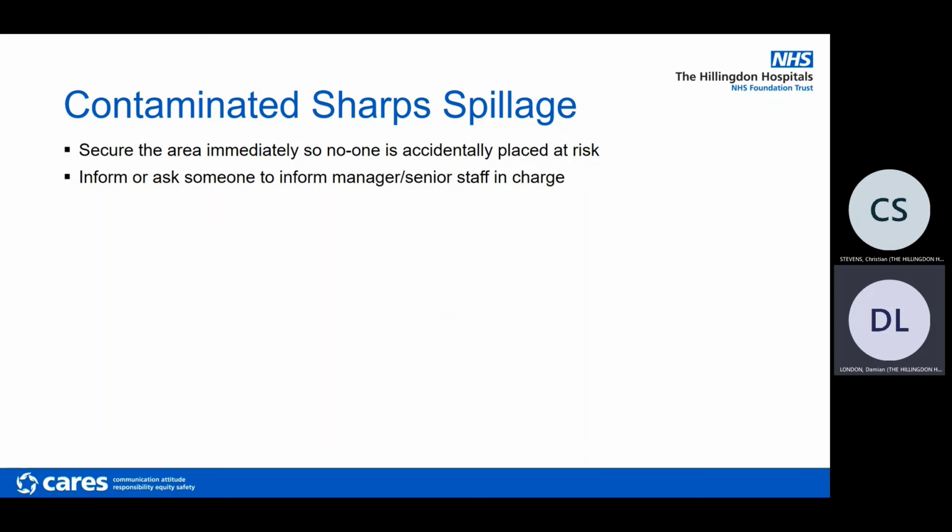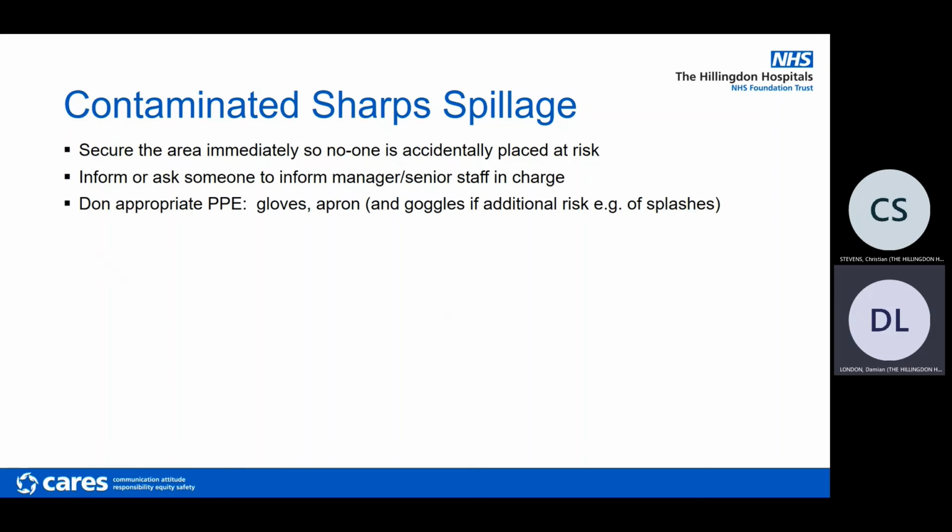Inform, or ask someone to inform, the manager or someone in charge, so that they know what has happened and can stop people from entering the area. You need to put on appropriate PPE, generally gloves and aprons, and of course, if there is splash or spillage, goggles may apply as well.